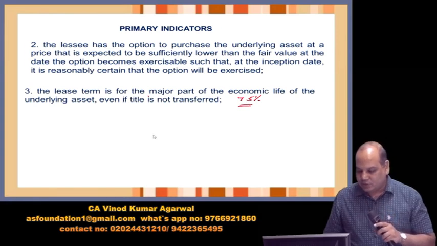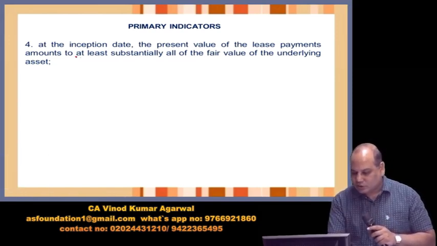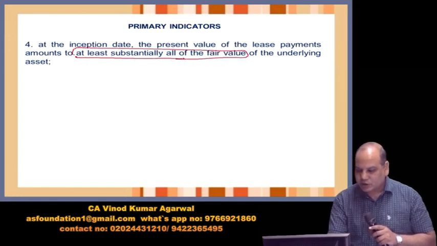So 75%. And the fourth is, at the inception date, the present value of the lease payments amounts to at least substantially all of the fair value of the underlying asset. Now you see this phrase, at least substantially all of the fair value. Again, there is no benchmark given in the standard.